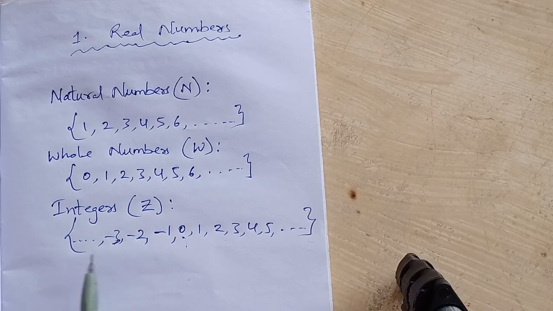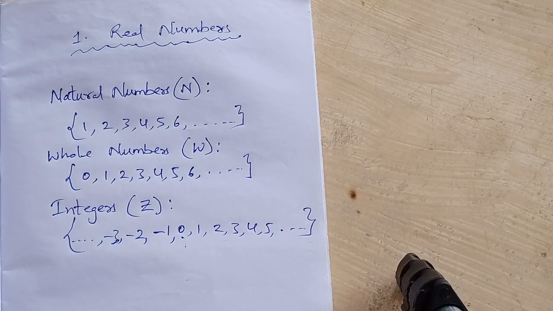We use negative numbers in so many instances. Why? Because we call the temperatures which are less than 0 negative. 0 degrees is the freezing point. The water becomes ice at 0 degrees centigrade. And if the temperature is less than that, then that is called negative temperature.